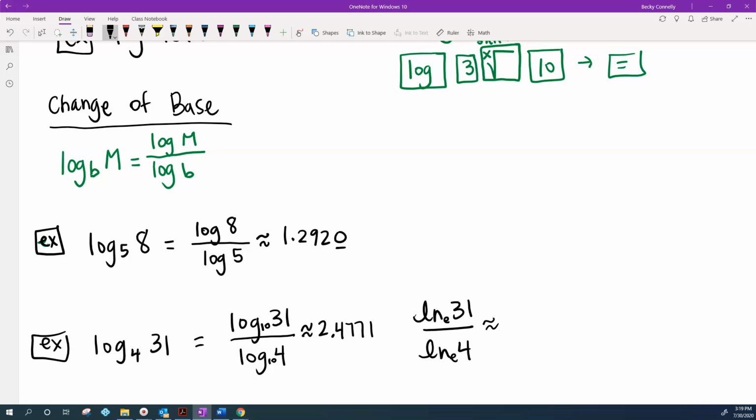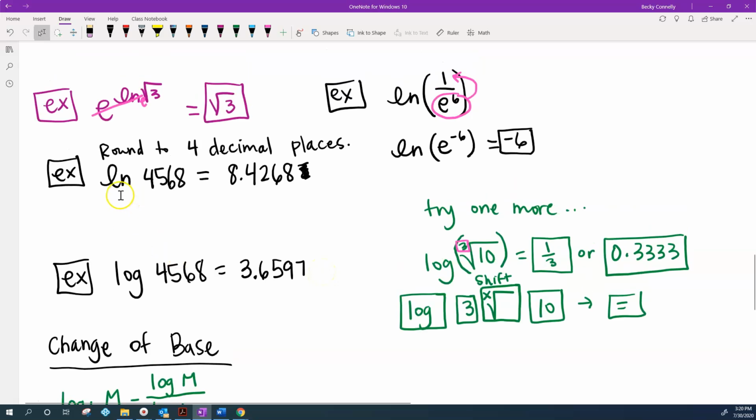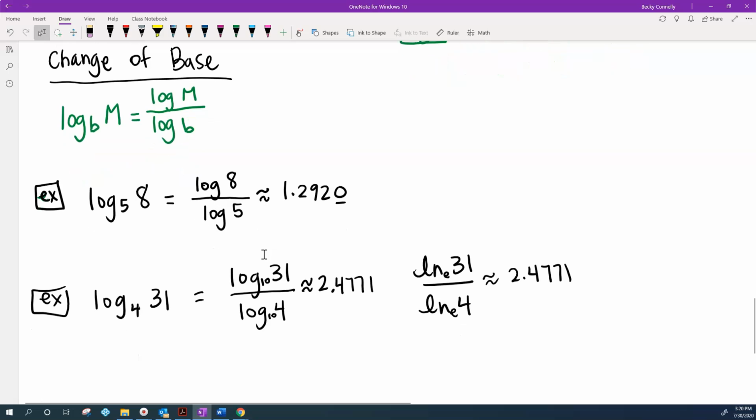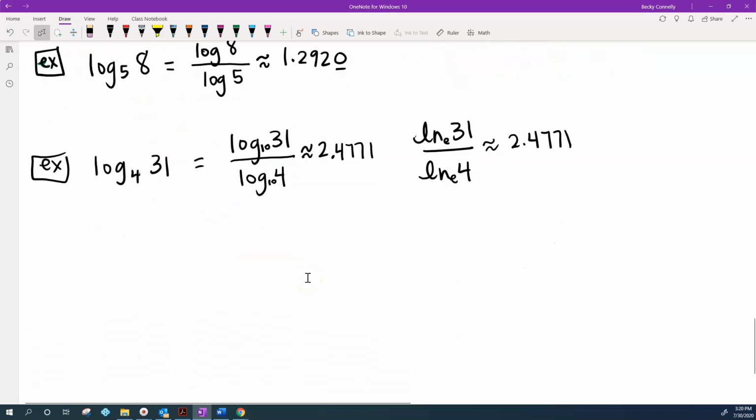So it actually doesn't matter which one we put in, you are going to get the same answer for it, okay? But be careful with that, because sometimes people think, oh, well, if I do the natural log of a number, I would get the same thing as the common log of that number. And that is not true, right? You can only do that when we're doing this change of base stuff, okay?